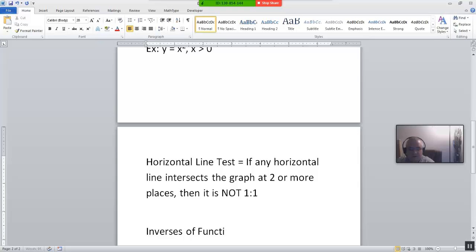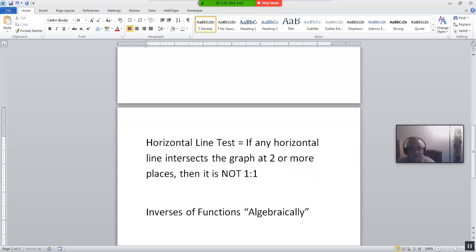Inverses of functions. And this is algebraically. f and g are functions and are inverses if the following is true.